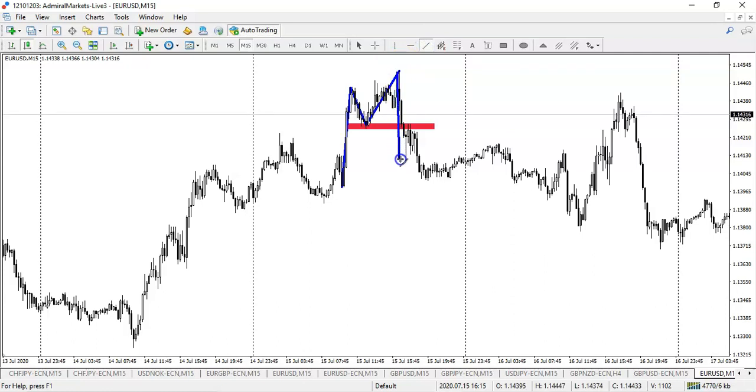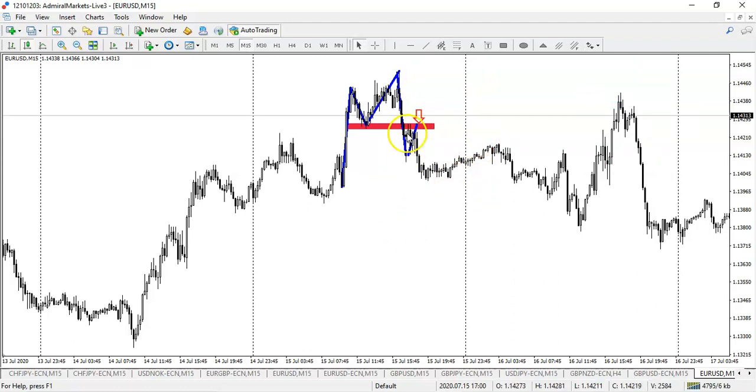Now when you see it falling, do not chase it. It will by all means retrace. Now it went back to do a retest on the zone, and that should be your entry point.